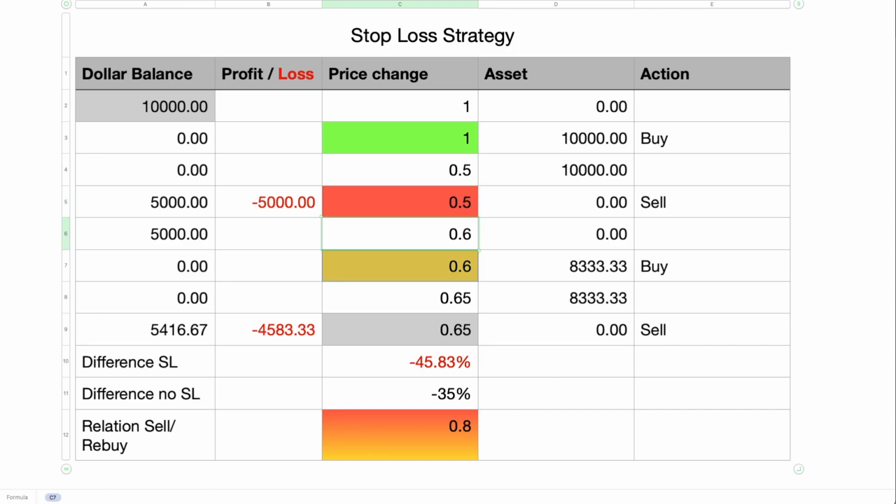And now let us use the original figures again to show you this relation between sell and rebuy. I sold at 50 cents and rebought at 25 cents. So the relation between the two is 2. Like 25 cents times 2 is 50 cents.